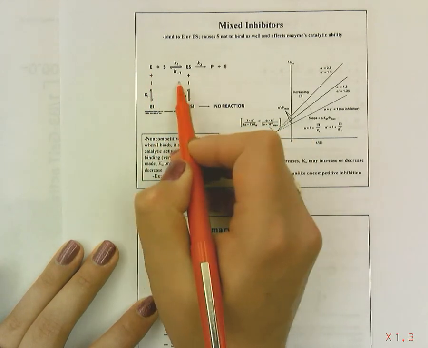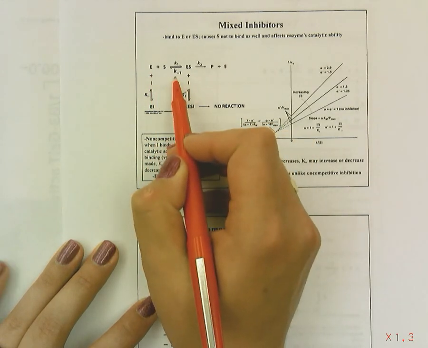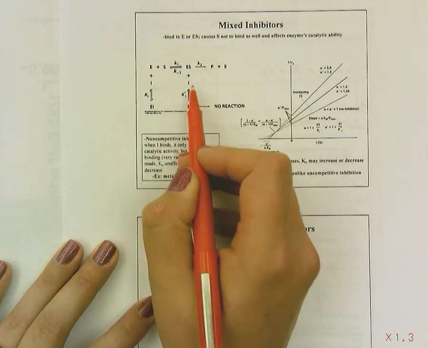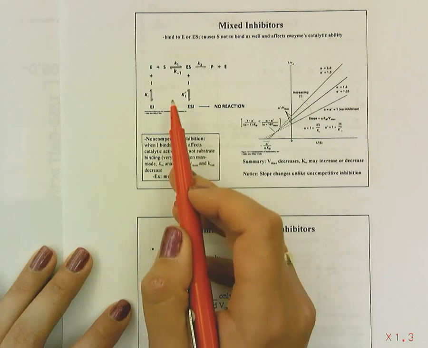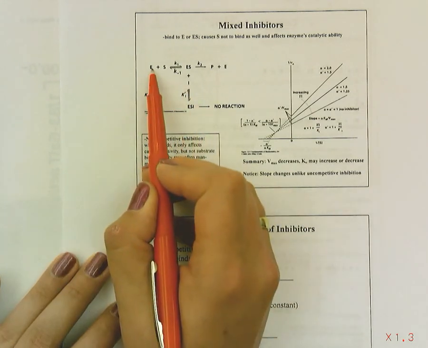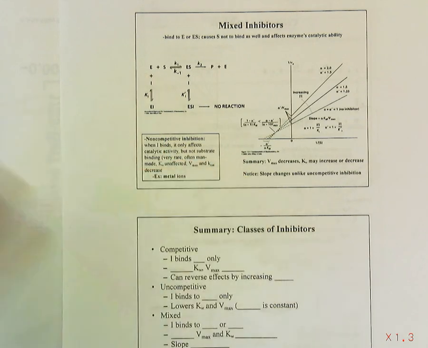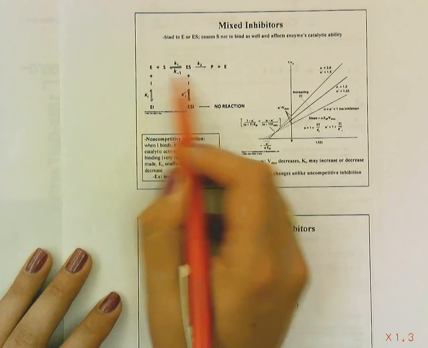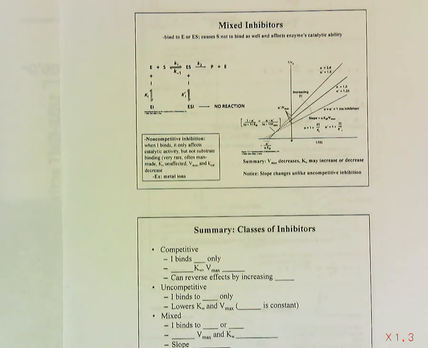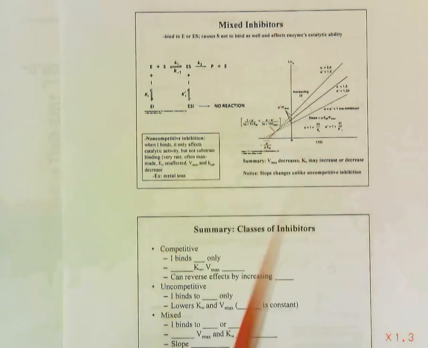Km could decrease because ES is decreasing, or it doesn't make ES at all because it goes down this way. So in this case, the Km could increase or decrease because the free enzyme concentration is disappearing, because some of it's going this way and some of it's going that way. So Km is variable in this case.